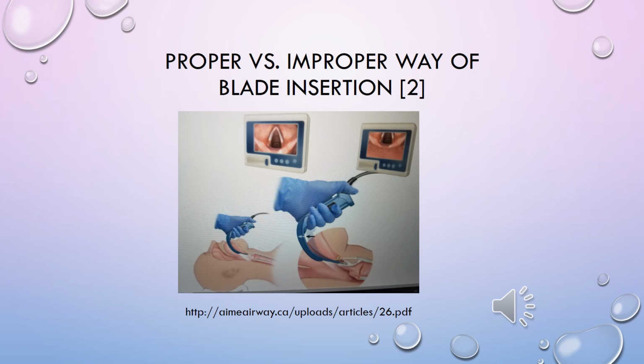A lot of times when you insert the blade, you insert it too deeply into the pharynx and it kind of blocks the view. So in this picture, it shows you have a view of the vocal cords but not a full view. So what you want to do is just back the scope up 1 to 2 centimeters to resolve that issue.